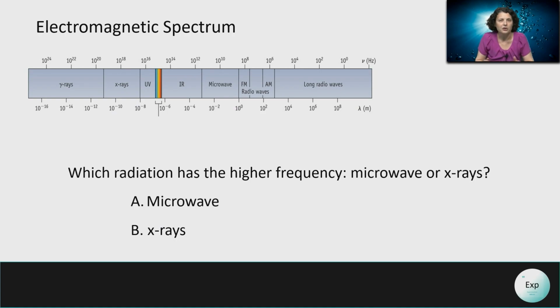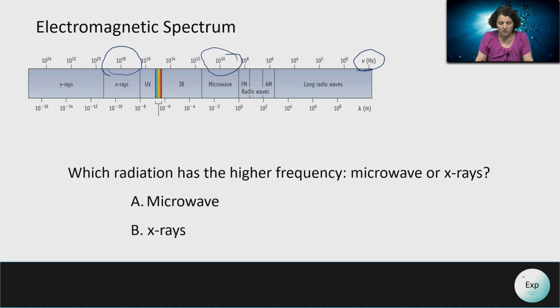If we are to compare the same two types of radiation on the basis of their frequency, we simply need to look at the frequency side of our electromagnetic spectrum and locate the two types of radiation on it. We have microwave with a frequency of 10 to the power of 10, and we have X-rays with a frequency of 10 to the power of 18.